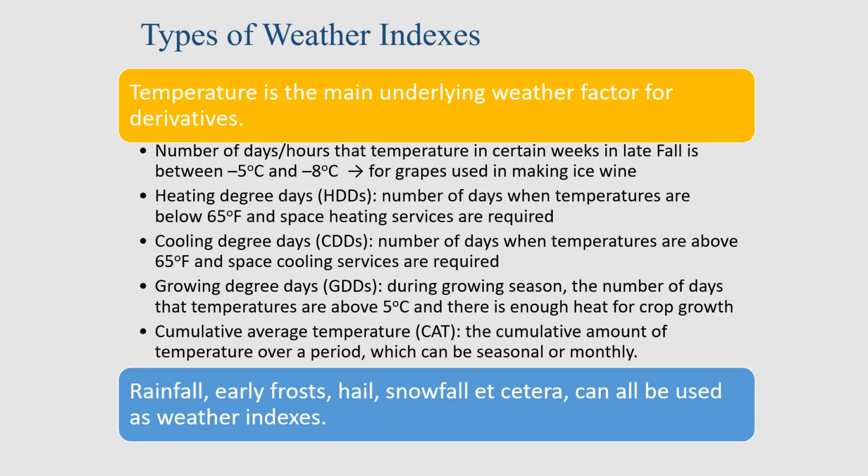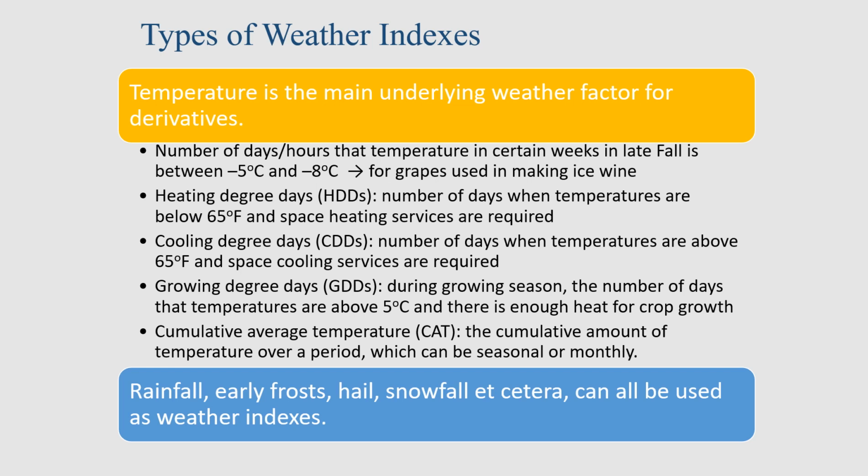Now, what types of weather indexes are there? Temperature is the main underlying weather factor for most derivatives. The number of days or hours that temperature in a certain week in late fall is between -5 degrees Celsius and -8 degrees Celsius can be a weather derivative, and it's used for grapes that are used in making ice wine.